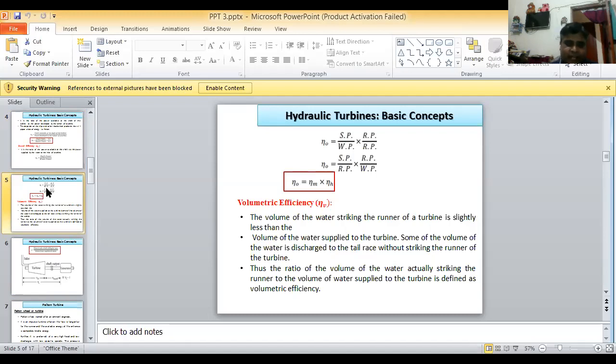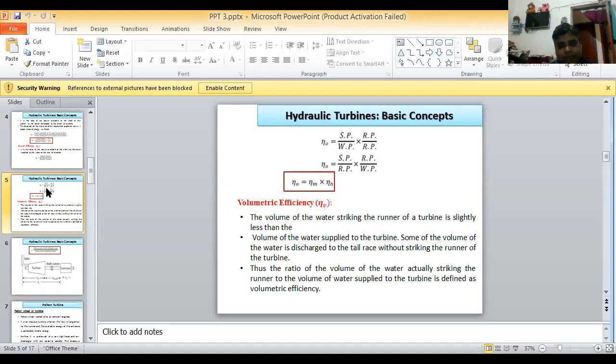Now, one more term is volumetric efficiency, denoted by eta V. The volume of water striking the runner of a turbine is slightly less than the volume of water supplied to the turbine. Some of the volume of the water is discharged to the tail race without striking the runner of the turbine.